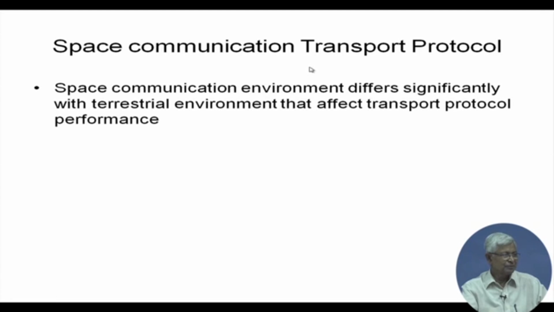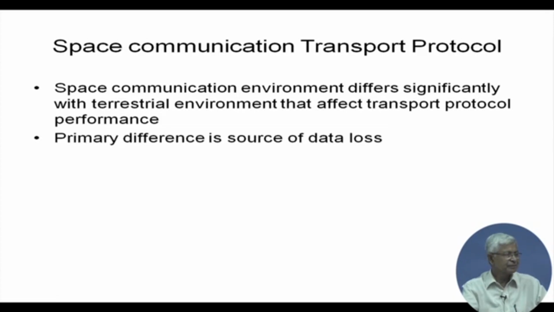Now, the space communication environment differs significantly from the terrestrial environment. That is the effect that the transport protocol has to take into account. So, transport protocol performance will be different, not the expected. There are many differences.